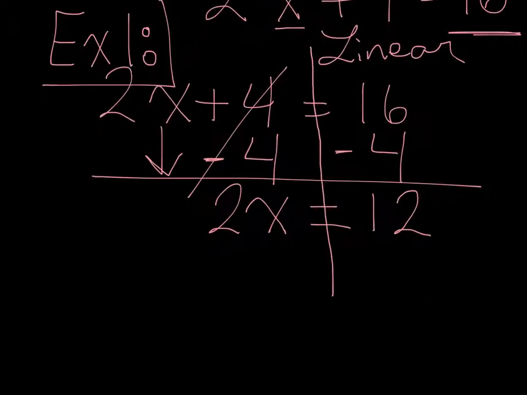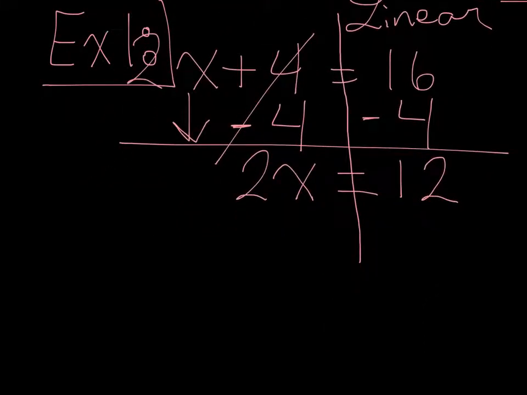Okay, so now that I'm to 2x equals 12, this is where my step 2 comes in. So this is why it's called two-step. The operation going on between 2 and x is multiplication. Even though there's not a symbol there, when you have a number sitting next to a variable, that implies that these are multiplying.